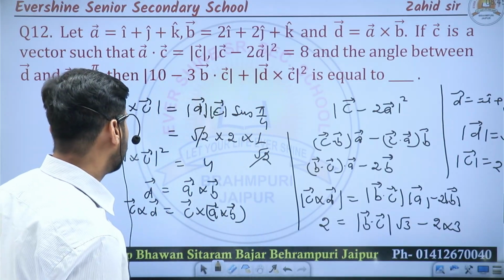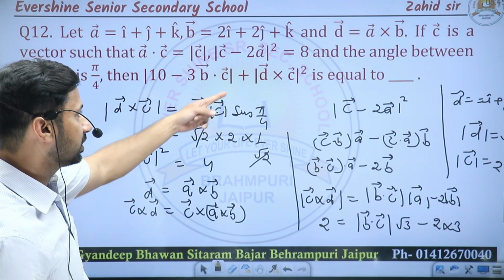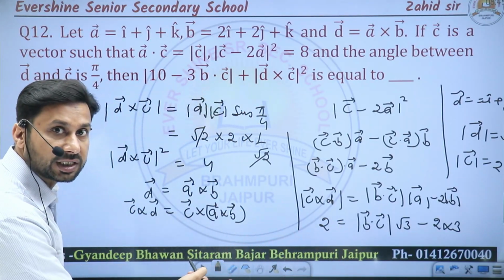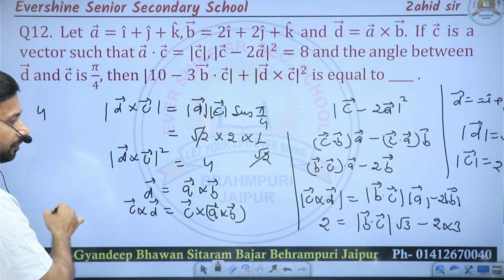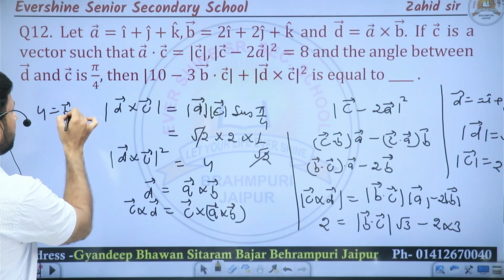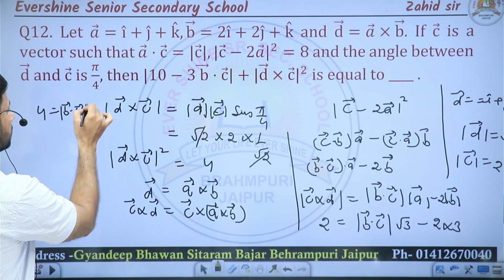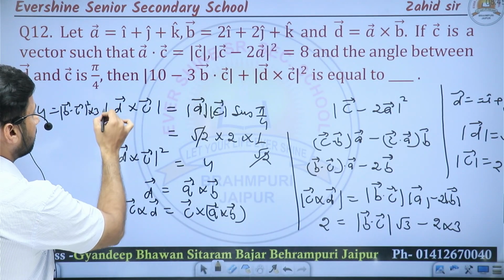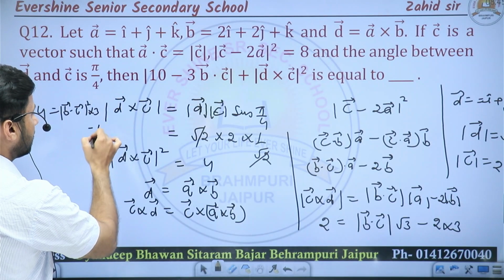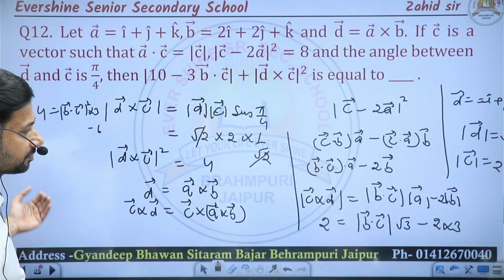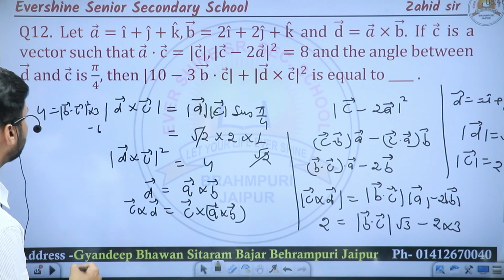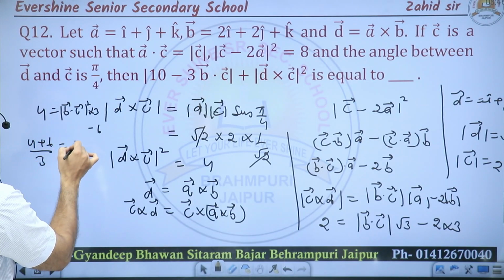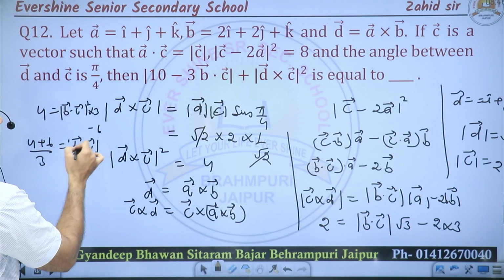Now next I need to find the square of it, so squaring both sides, it will be 4 equal to mod B dot C square into 3 minus 2 threes are 6. I can solve them by the transposition method. So 4 plus 6 upon 3 equal to mod B dot C square.